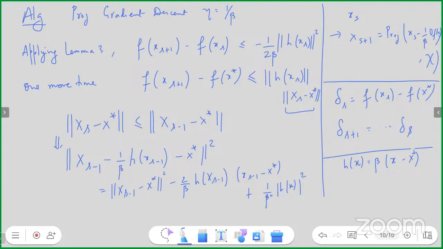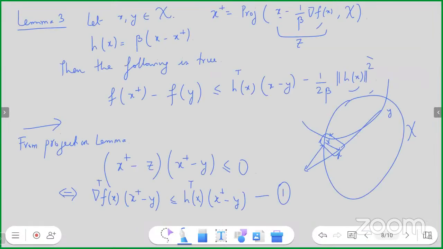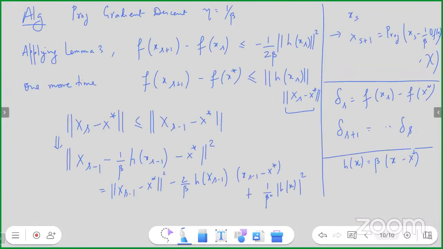What about this plus this? We actually said something very interesting about these two terms. Look at my lemma here. The right hand side of this lemma is exactly what I have currently. What are these things?